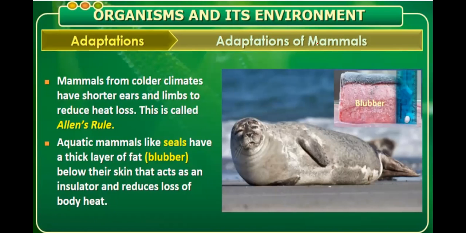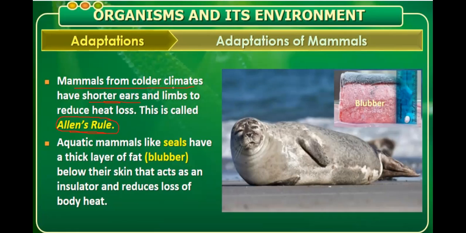Now, adaptation of mammals. Mammals from colder climates have shorter ears. Animals present in colder climates have shorter ears and limbs to reduce heat loss. This is called Allen's rule. Sometimes a question will be there: what is Allen's rule? Mammals present in colder climates have smaller ears and limbs.